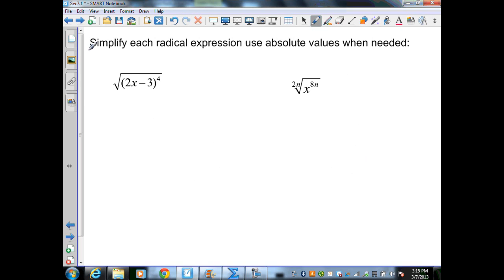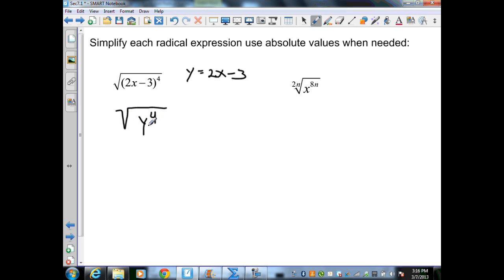On my next example, again, I want to simplify each radical expression using absolute values when needed. To take a look at this one, I have an expression that is to the 4th power under an index of 2. So I have the square root of the quantity of 2x minus 3 to the 4th. What I can do is let y equal 2x minus 3. Now when I substitute in, I can take the square root of y to the 4th.